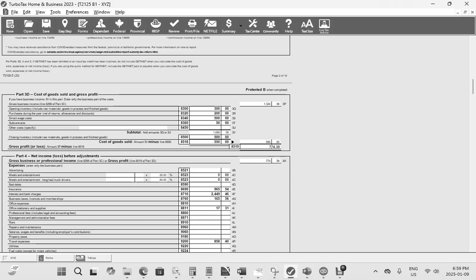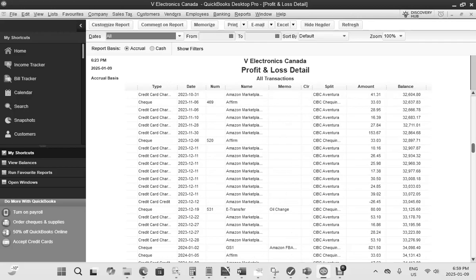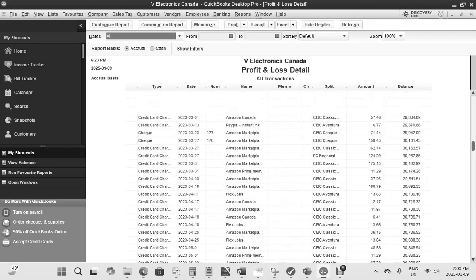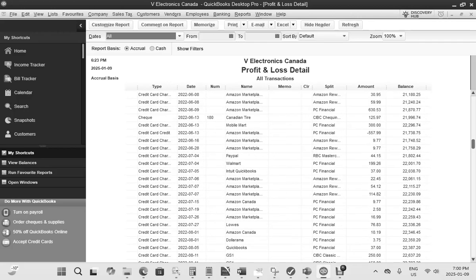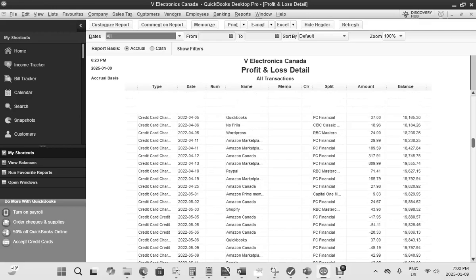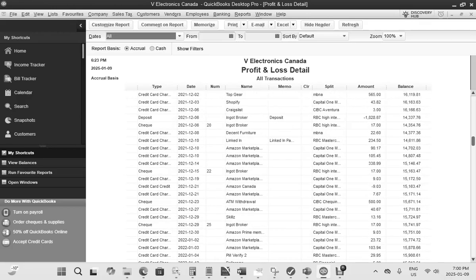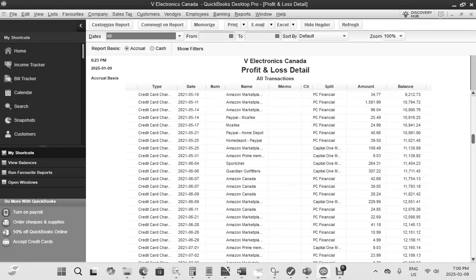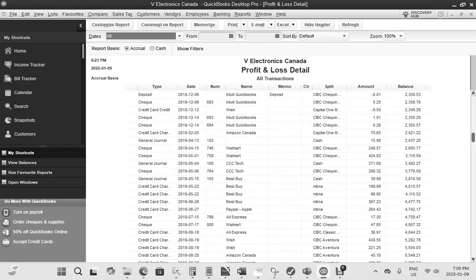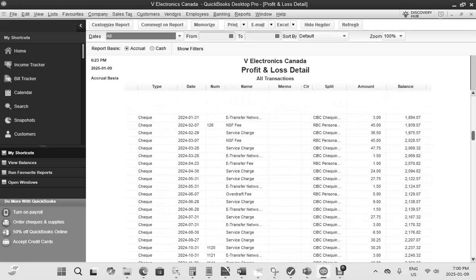Further down, you have expenses. This is part four. As part of part four, you have expenses such as advertising. Now the beauty about QuickBooks, you can populate all your expenses on the profit and loss detail report. You can populate all your transactions, all your sales tax figures, for each and every transaction.